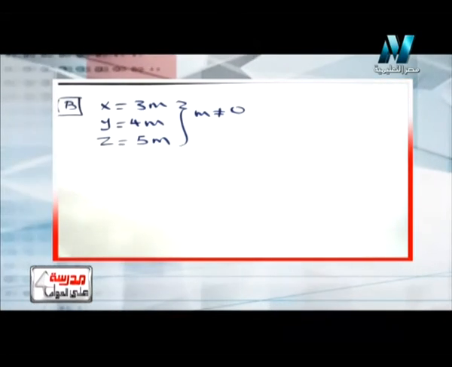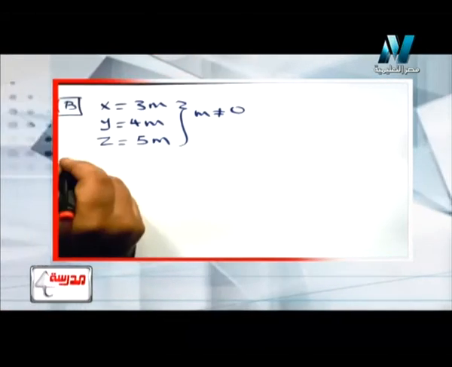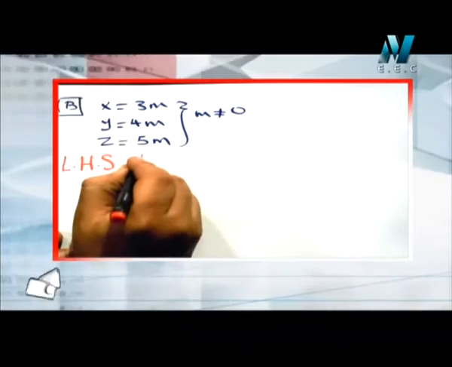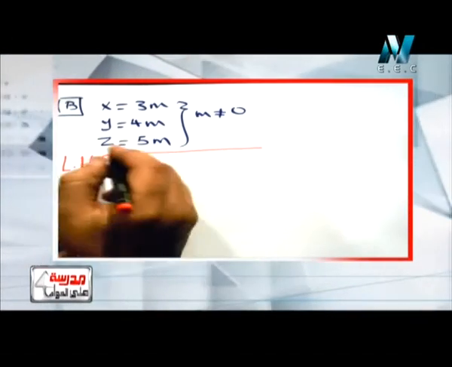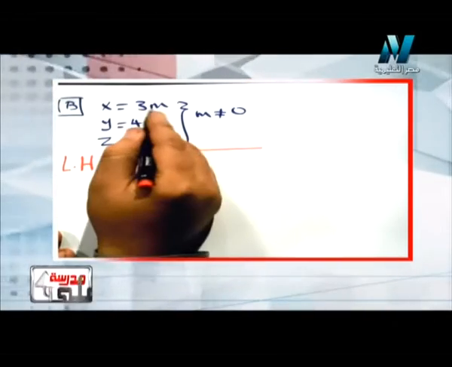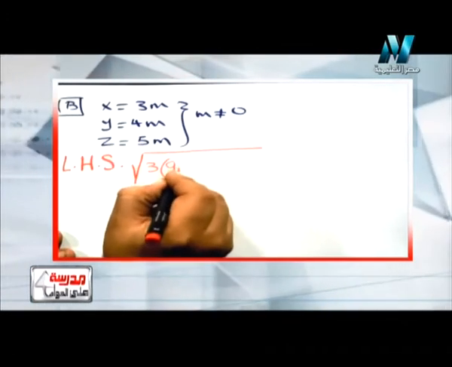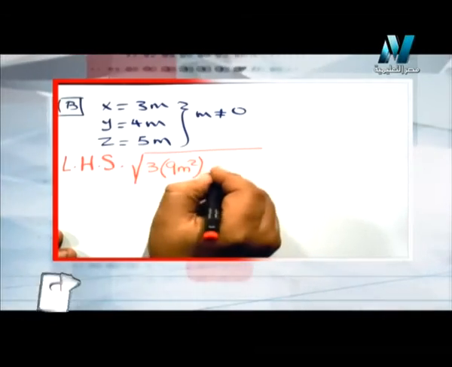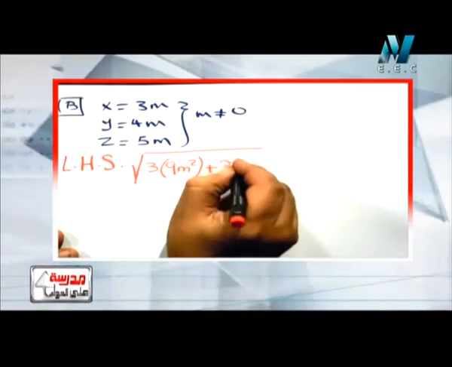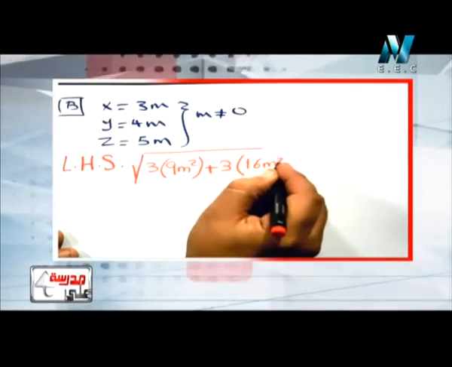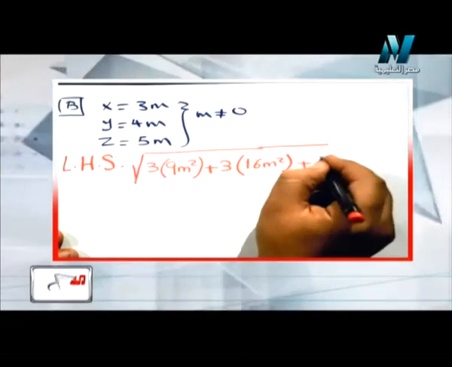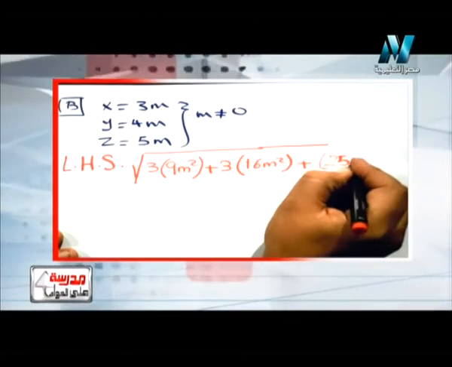Now, I'm going to work on the left-hand side, which is root of 3 multiplied by x squared. So x is 3m, so x squared will be 9m squared, plus 3 times y squared, and y squared will be 16m squared, plus z squared, which is 25m squared.